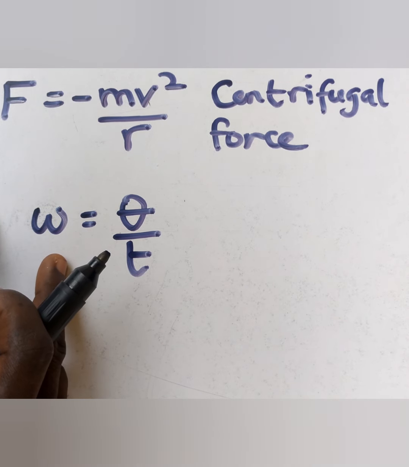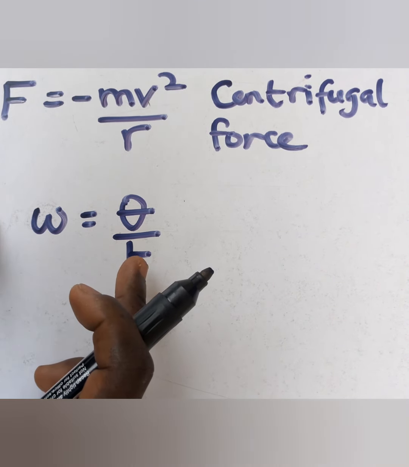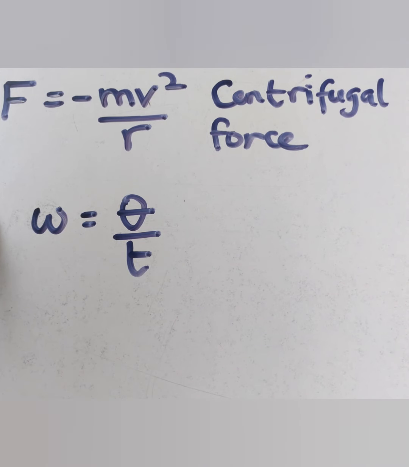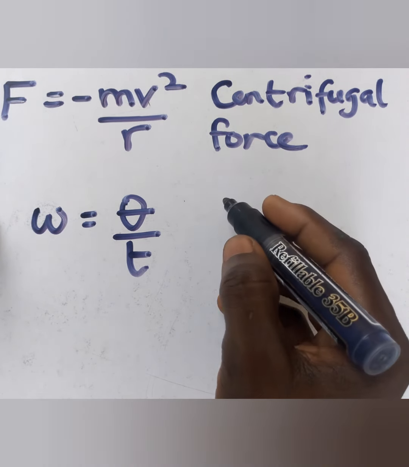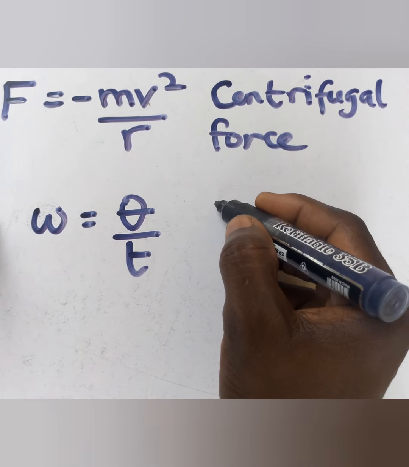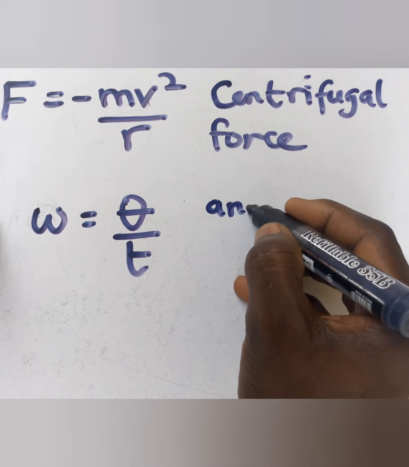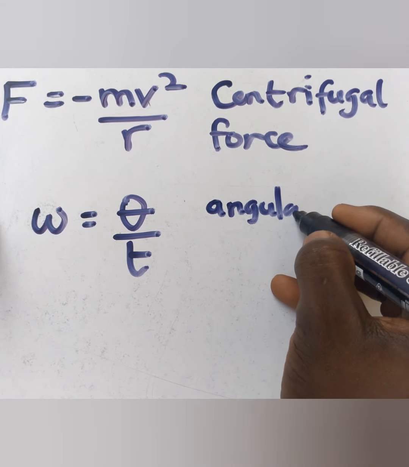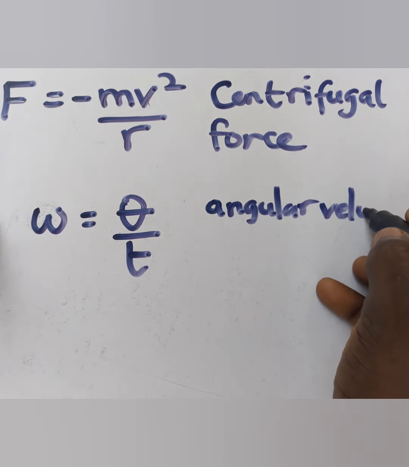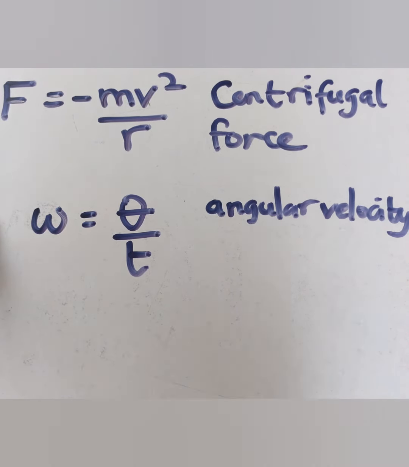The angular velocity is the angle turned divided by time. That's angular velocity, which is angle turned divided by time.